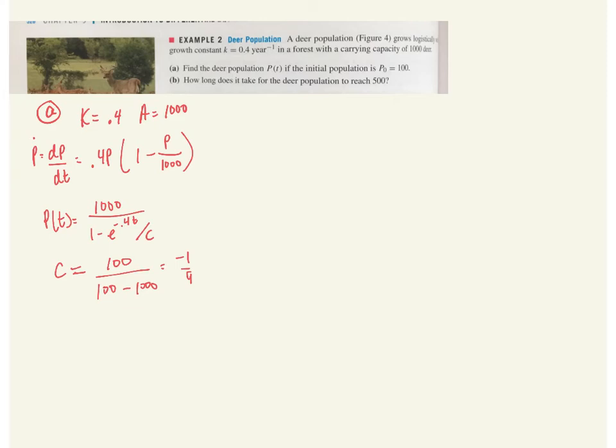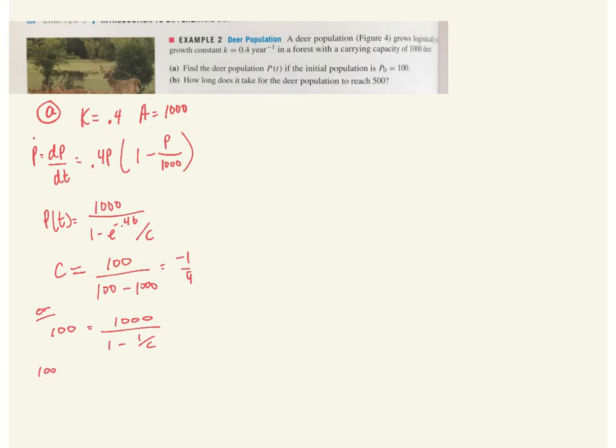So P of t, we are looking for when does it equal 100? For 1 minus e to the 0, so that's going to be a 1 over c.